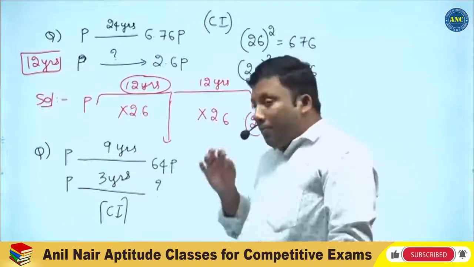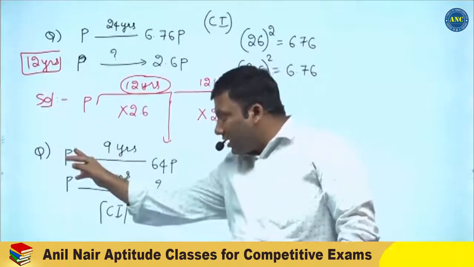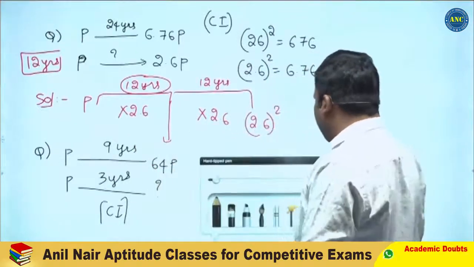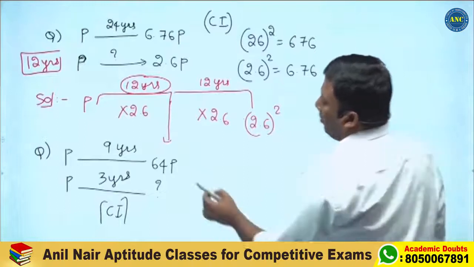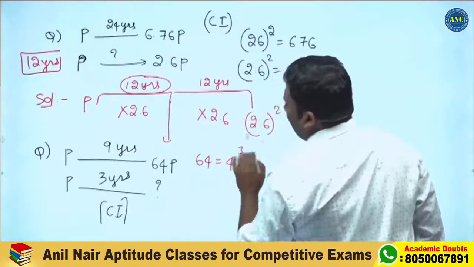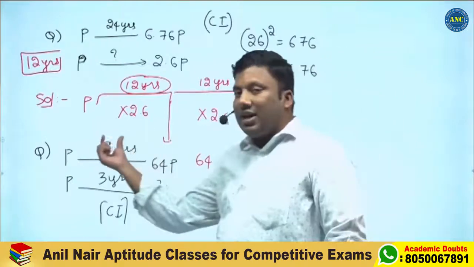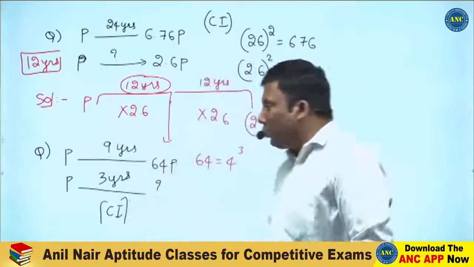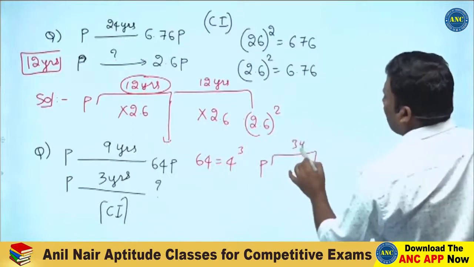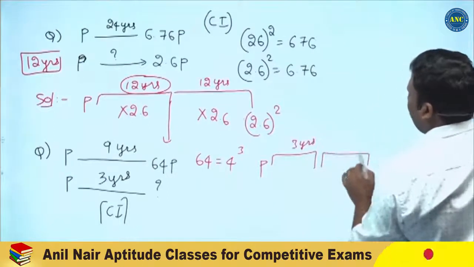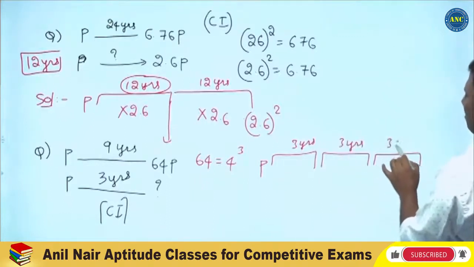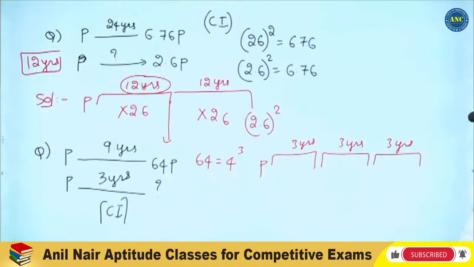Step number 1. Read the question. A certain sum is becoming 64 times. Is it a square or a cube? 64 is 4 cube. That means the 9 years I have to divide into 3 equal parts. After 3 years how much is it?